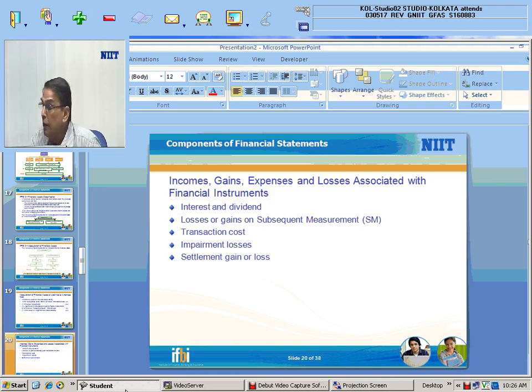Loss on impairment of a financial asset. These are the kinds of income, gains, expenses, losses which are associated with the financial instruments. Loss or gain can also arise due to subsequent measurement on the balance sheet date for financial assets at FVTPL.